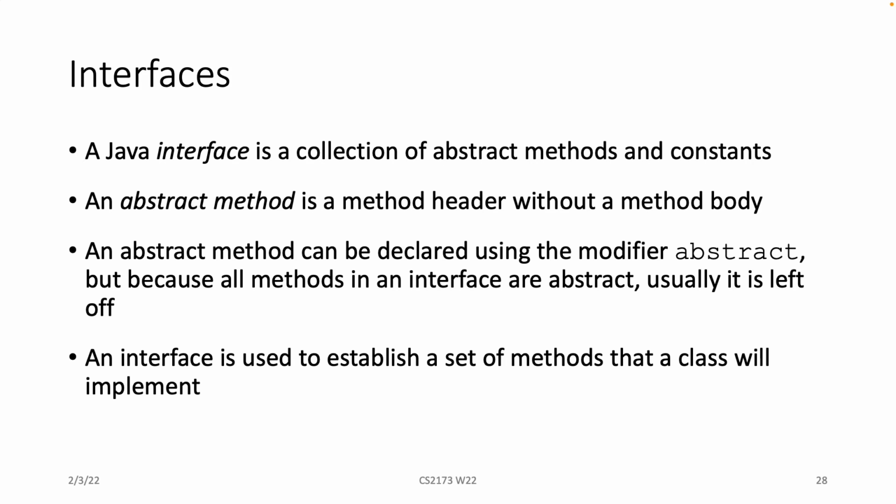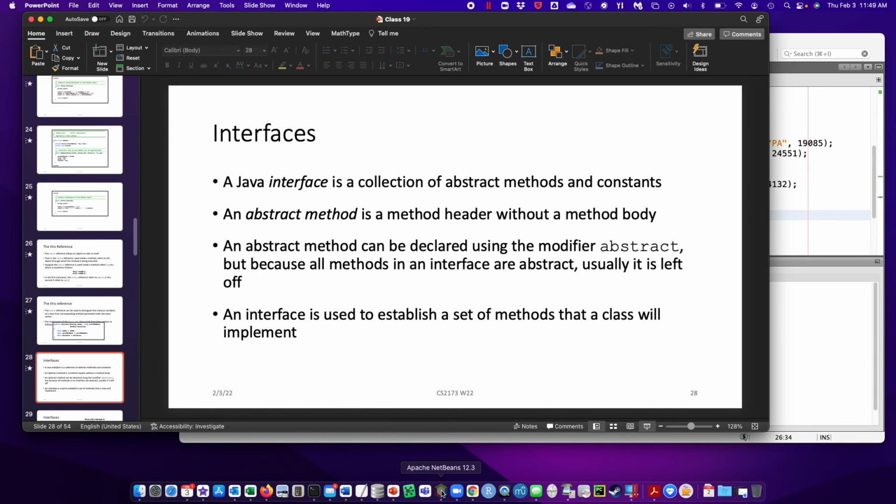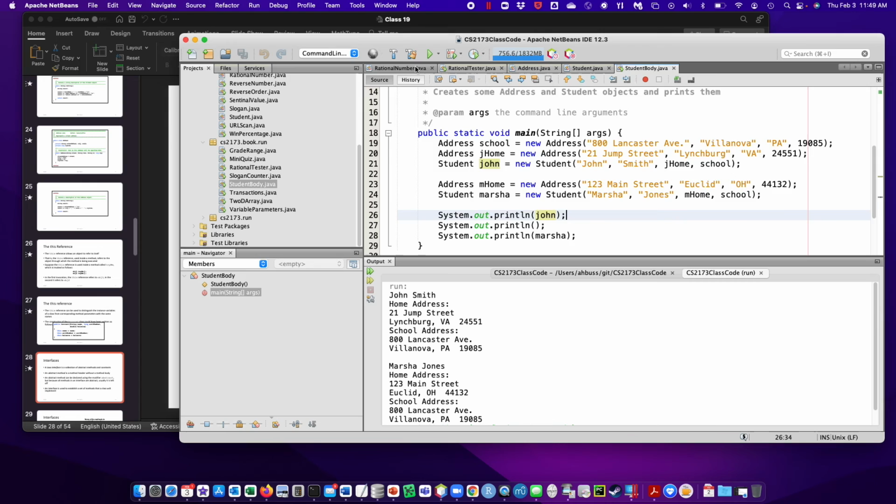But as a user, it's the principle again of ignorance and apathy. So you don't know, you don't care. All you know is that when you invoke particular methods, you expect certain results, and how it does it, you don't really care. So, just as an example, we were looking at this rational number thing.